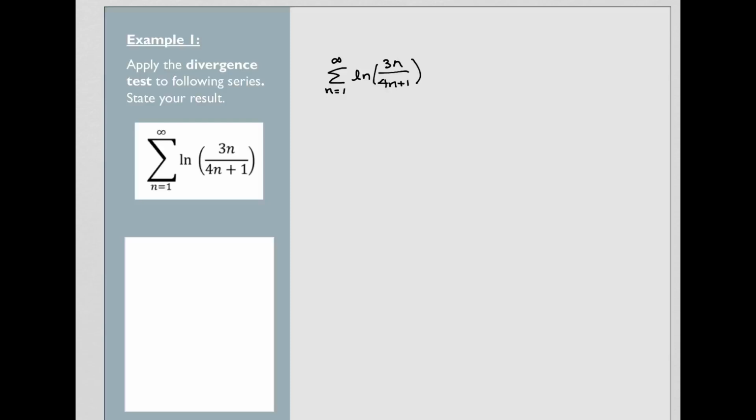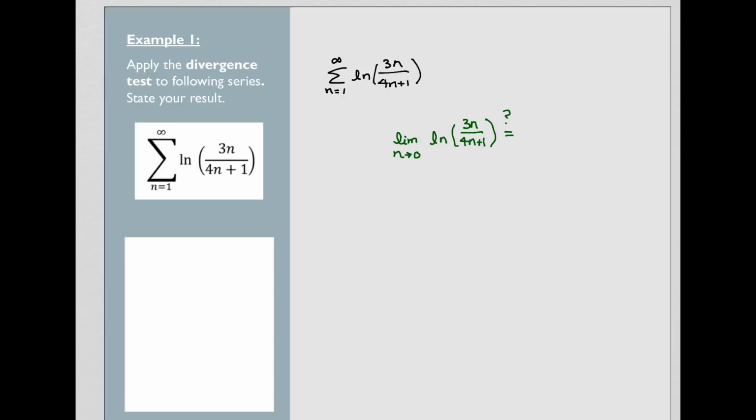Now I want to apply the nth term divergence test. And in the nth term divergence test, it's actually a very quick test. I don't have to look at partial sums. I don't have to do anything except look at the nth term of this series, which is the natural log of 3n over 4n plus 1, and ask the question, what is that limit?